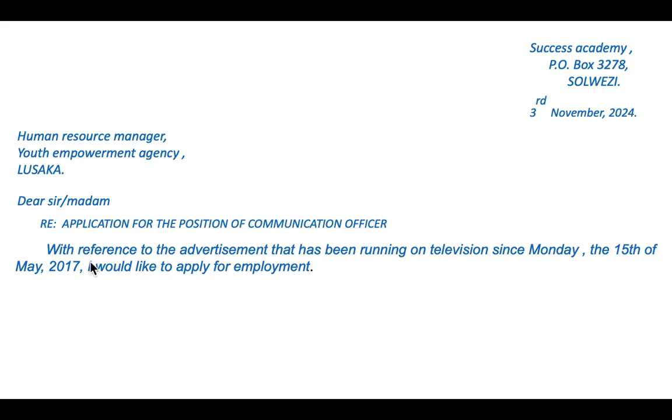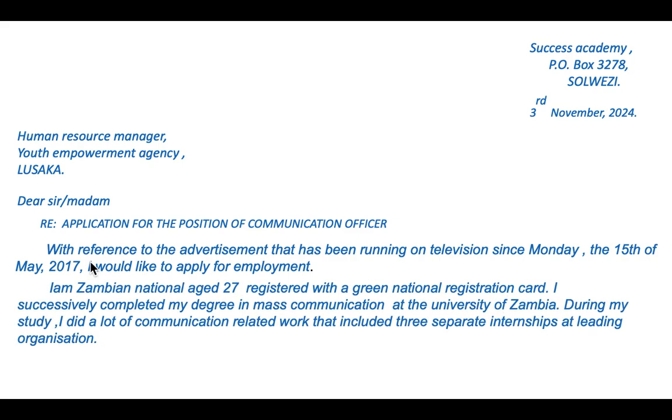So now, from the main body, I will start by stating I'm a Zambian national, age 27, registered with a green national registration card. I successfully completed my degree in mass communication at the University of Zambia. During my study, I did a lot of communication related work that included three separate internships at reading organization.